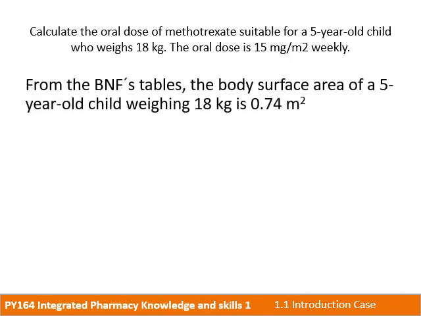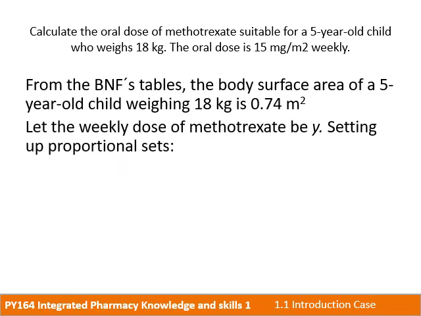We've got a 5-year-old child, and from the tables, a child who weighs 18 kilograms has a body surface area of 0.74 meters squared. As I said before, don't worry at the moment how they work that out. You will find that out later in the course, but in terms of calculations, you'll be told this information.